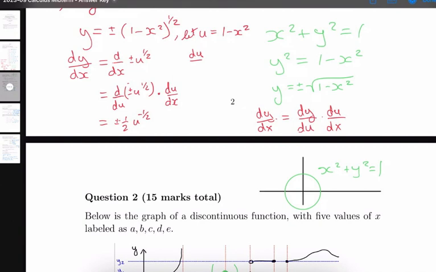D by dx of y. But we write it that way, and writing it this way helps us remember the du. It's almost like you could cancel these two, and you would have dy over dx. So that's the way I remember it, but it's not because we're doing algebra. Okay.